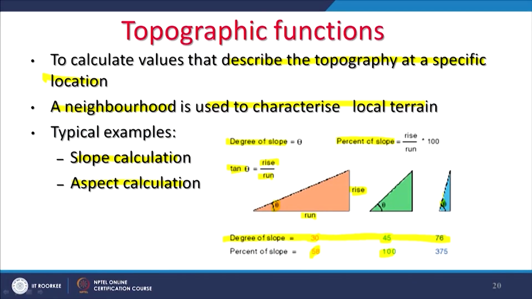It is always better to go for degree because we can understand degrees easily even in the field, that some sloping surface has 45 degree, 30 degree, maybe 75 degree or 90 degree. Vertical cliffs are also possible in terrain like the Himalaya, almost vertical, so there the slopes are 90 degree or you can say 100%. The best way is to use degrees rather than percentage, but both options are possible.